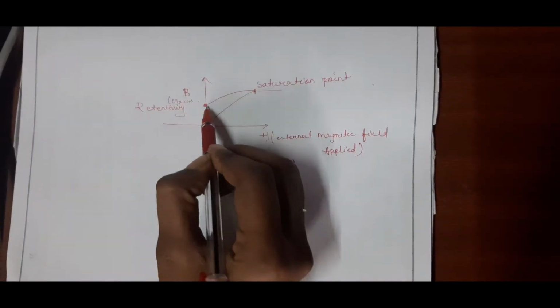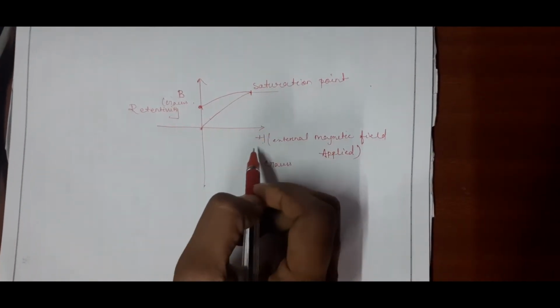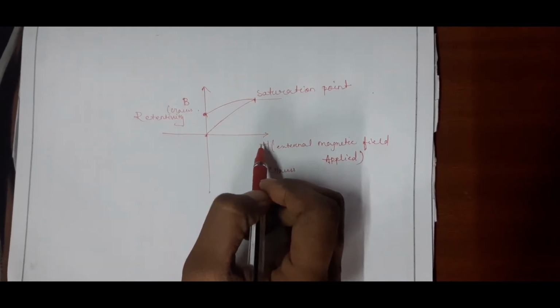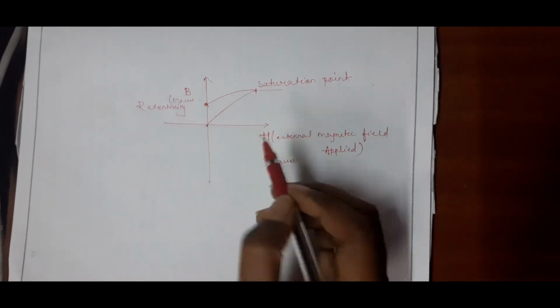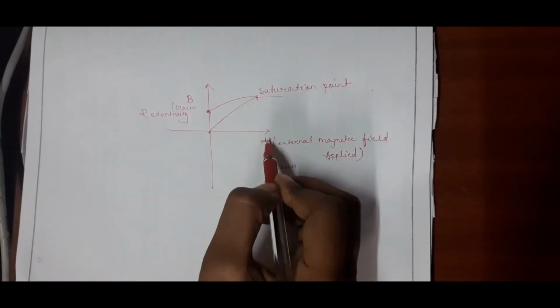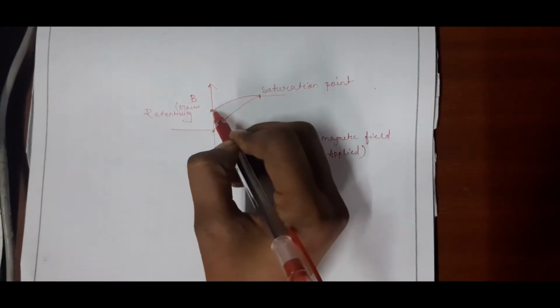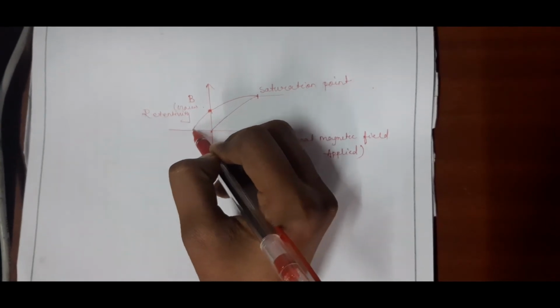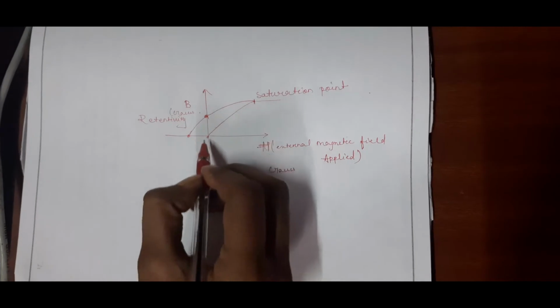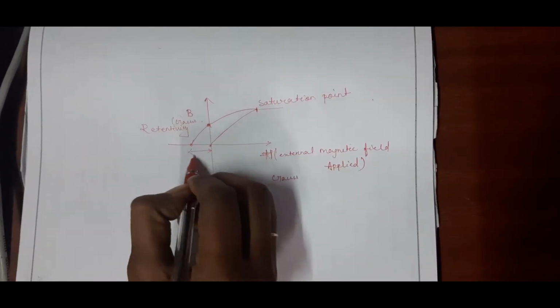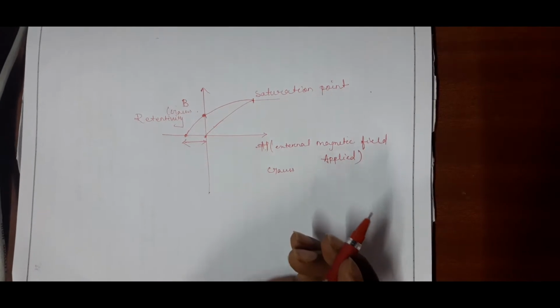To make B 0, we have to apply a negative value of H. So when we decrease the H value, it will become like this. At this point the B will be 0. So we have to apply this much of force to make the B value 0.